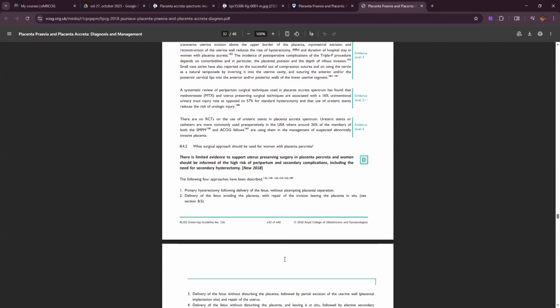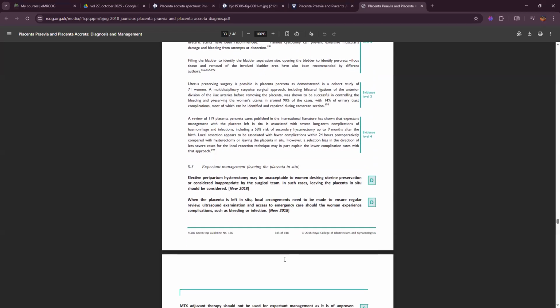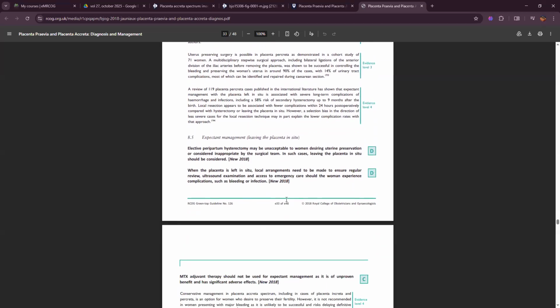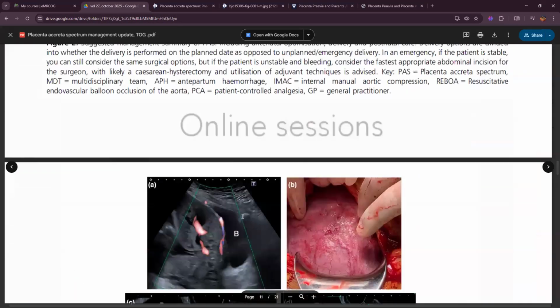Usual cases. So what should we do if we have something like this? Leave the placenta inside, either for another one to do the hysterectomy or for elective peripartum hysterectomy. So again, we can leave the placenta in situ, as I just told you in this algorithm.